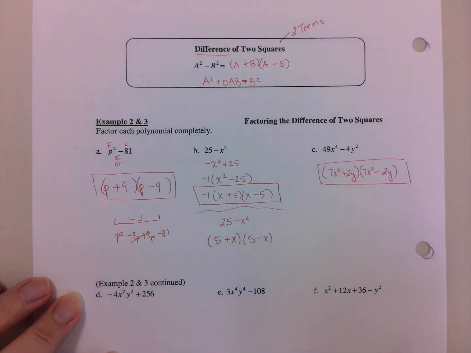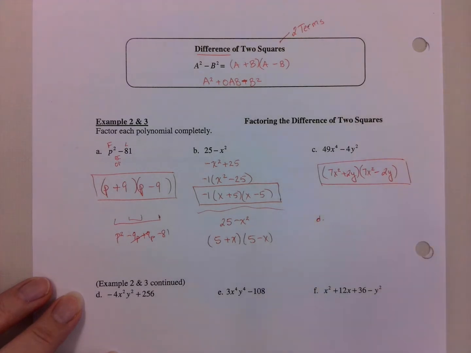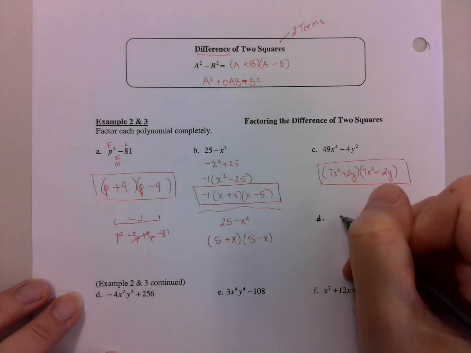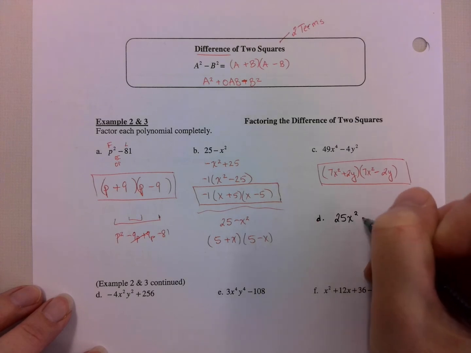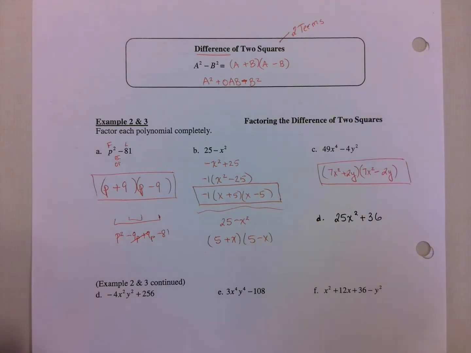There it is. Okay, so now we have a couple more complex ones to try, but I want to add on one more. So we'll call this D. D is going to be 25x squared plus 36. All right, so take a second and look at that.